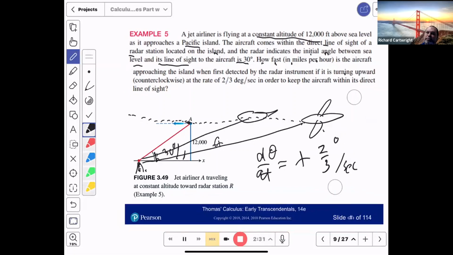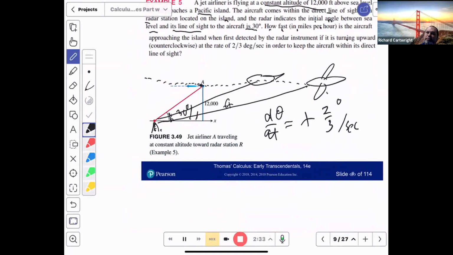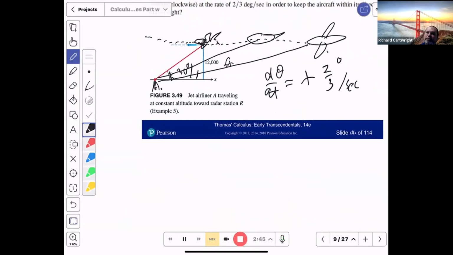So what we want to do is imagine that plane flying over. As soon as it reaches here, we take a picture and we lock in everything. I'm looking at this triangle. I do not know how far it is, but I do know that's a right angle, and I do know that's 12,000 feet.